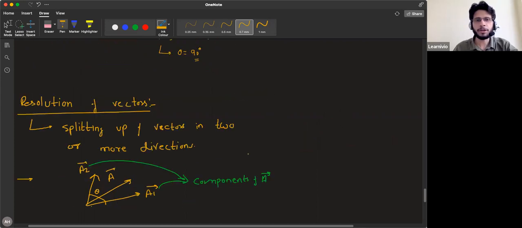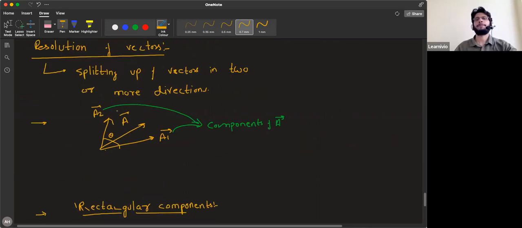Just note it down, then we'll use this in numericals. You'll directly solve one question from the JEE exam which uses this logic.